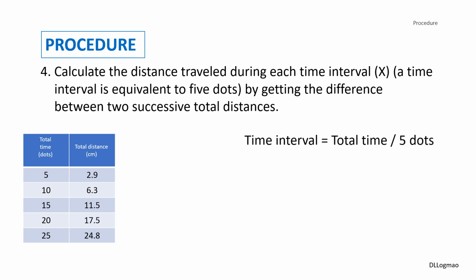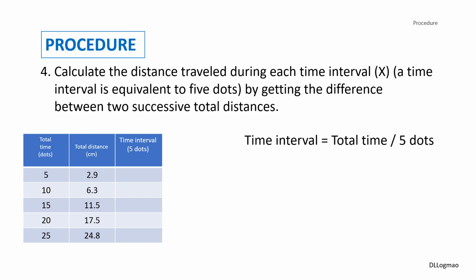Before this, determine the time interval. Time interval is the total time, column 1, divided by 5 dots. The third column in the table is for the time interval.